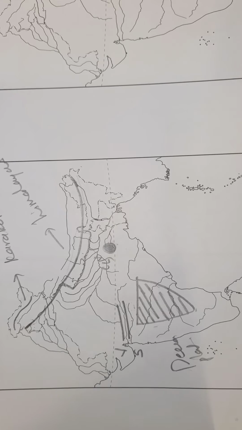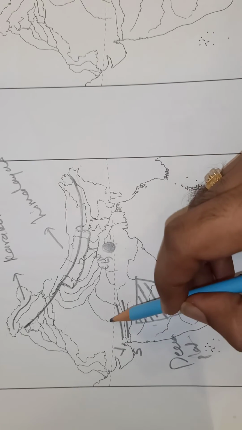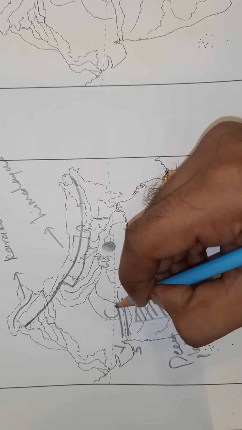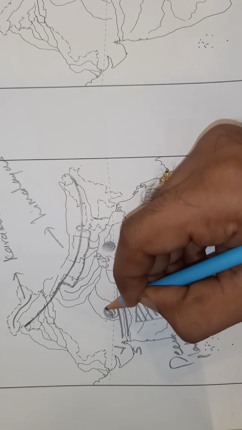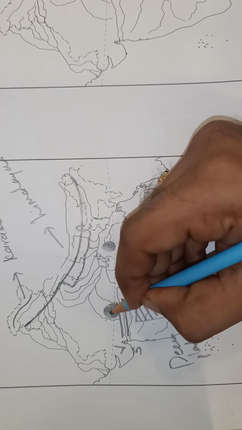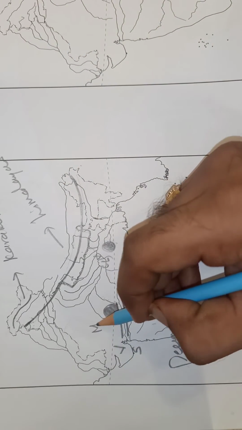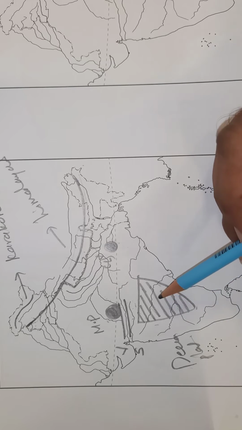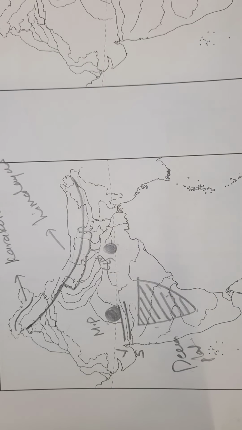Next is the Malwa plateau, which is between these 2 rivers. Between these 2 rivers you have to make a circle, and this becomes the Malwa plateau. Malwa plateau, Chota Nagpur plateau and the Deccan plateau.